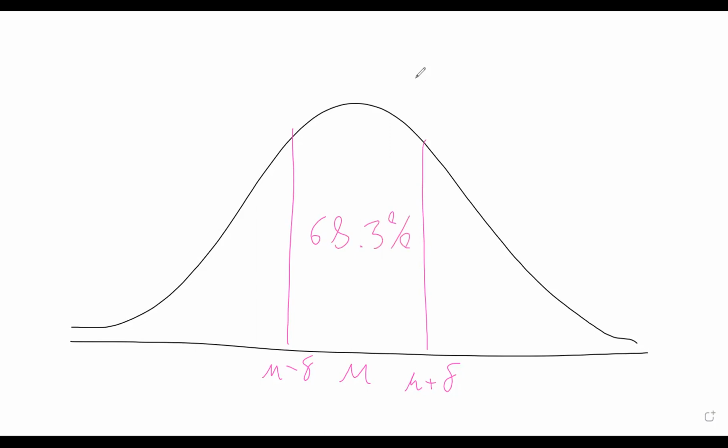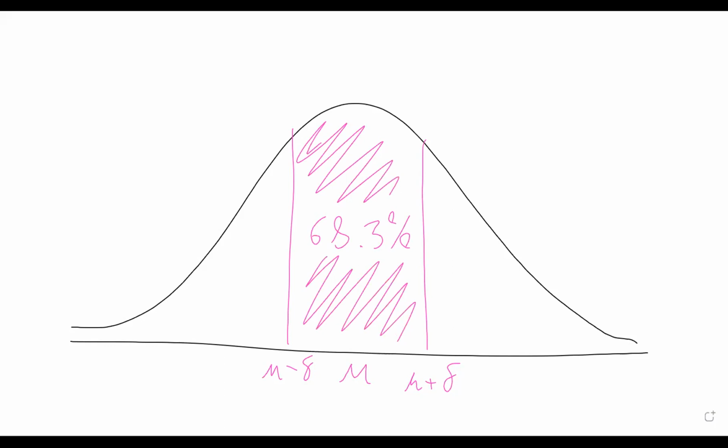So approximately 68.3% of the area under the curve of a PDF lies within one standard deviation from mu. Okay, so if this is the graph of the PDF of your continuous random variable, then 68.3% of the area under that curve will be between mu minus delta and mu plus delta, where delta is the standard deviation of your random variable. Mu is the mean, E of X.